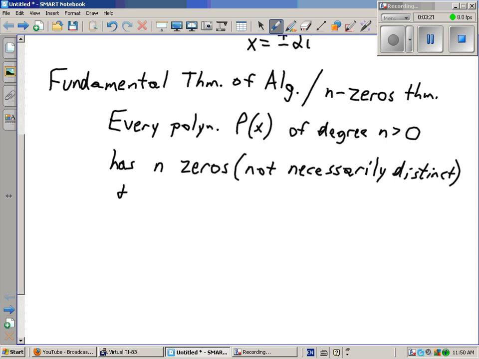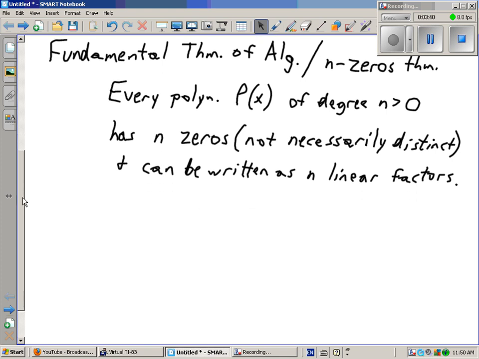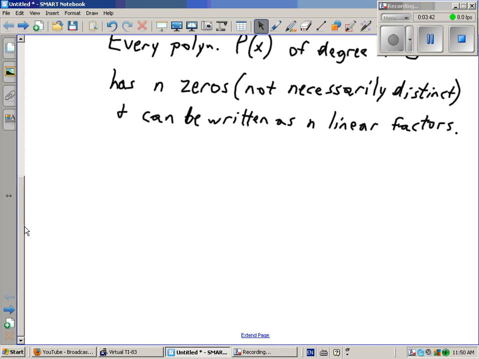And it can be written as n linear factors. Now, notice how we did not use the word real there. Our zeros can be real or they can be imaginary. This is where we're opening up the possibility of having imaginary zeros, which we haven't done before.